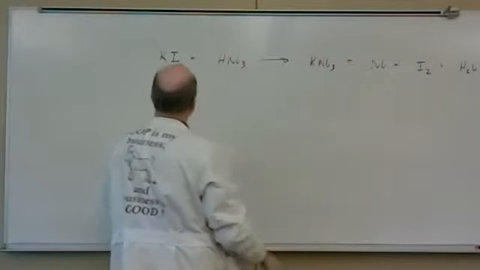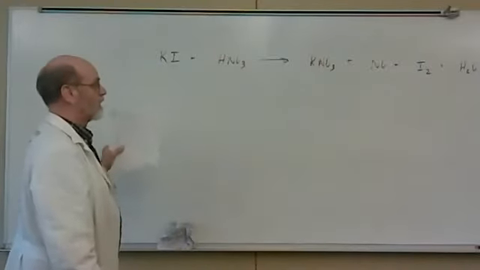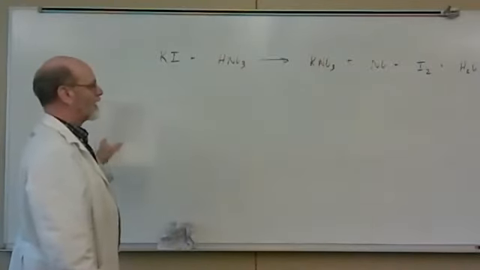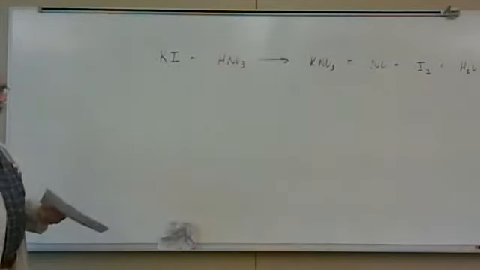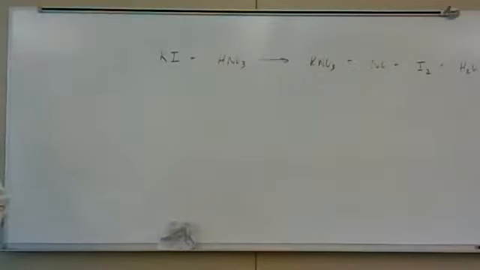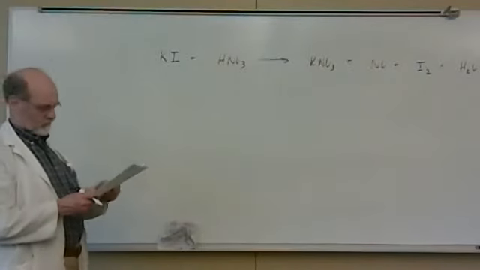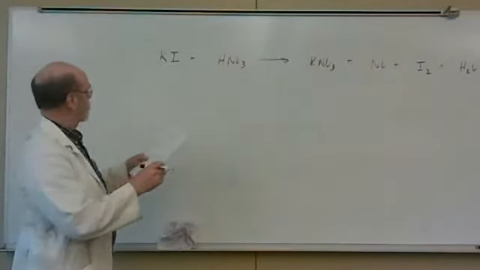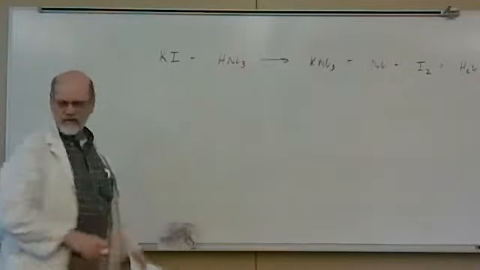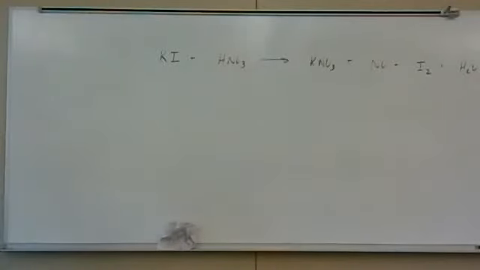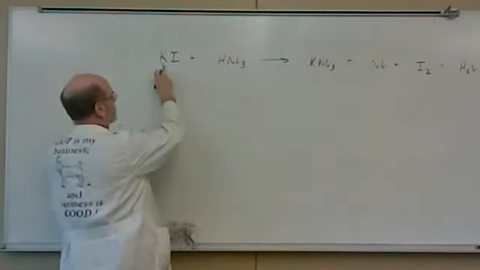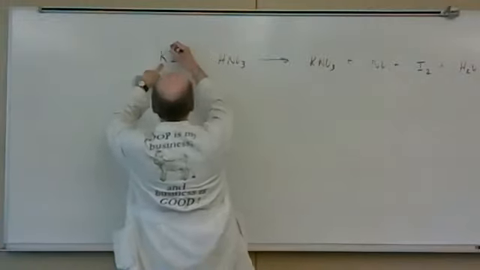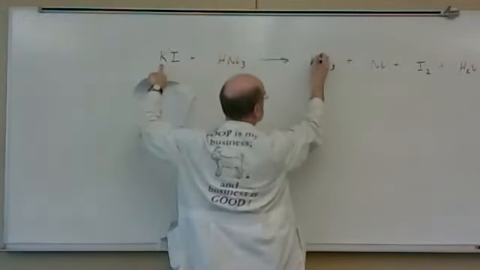Okay. So where are the electrons being transferred? Remember, oxidation is loss, reduction is gain. And we did cover that in this chapter, didn't we? Oxidation reduction? Okay, good. So what's happening to potassium? Potassium is K plus, and it's plus here.